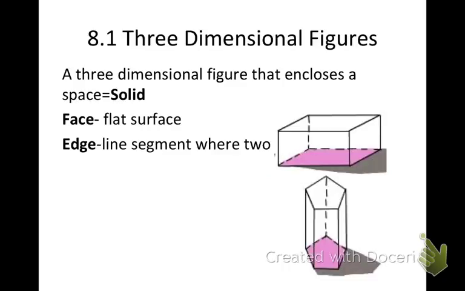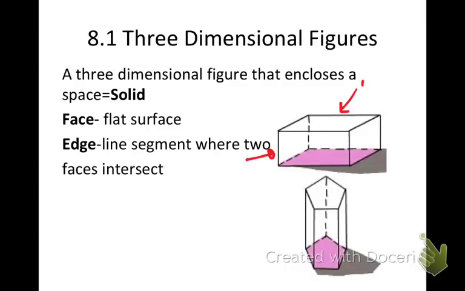We need to know what the edge is. So an edge is a line segment where two faces intersect. So we want to look to see where those two pink faces intersect. So an edge is going to be these lines right here.